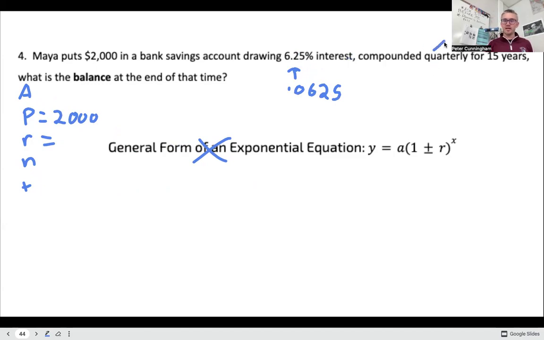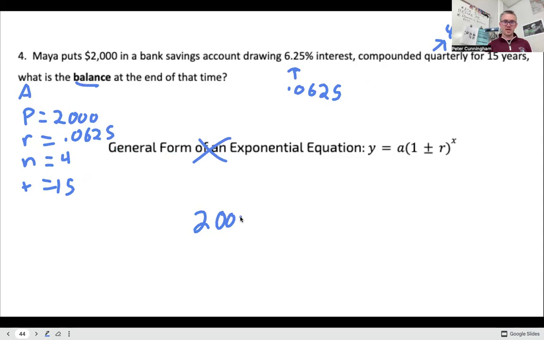Compounded quarterly, that happens 4 times per year, just like there's 4 quarters in a dollar. So my rate is 0.0625. I'm going to add that to 1 here eventually. The n is 4. And the t, it's happening for 15 years. This asks for the balance.